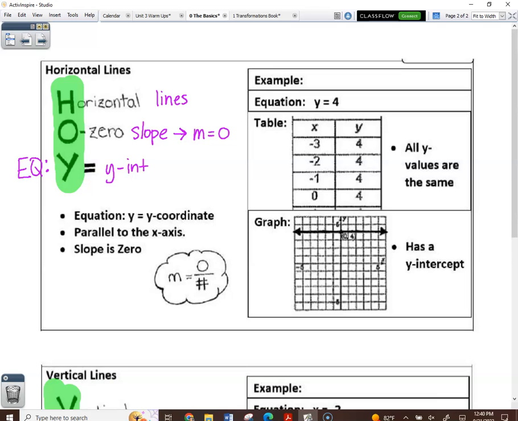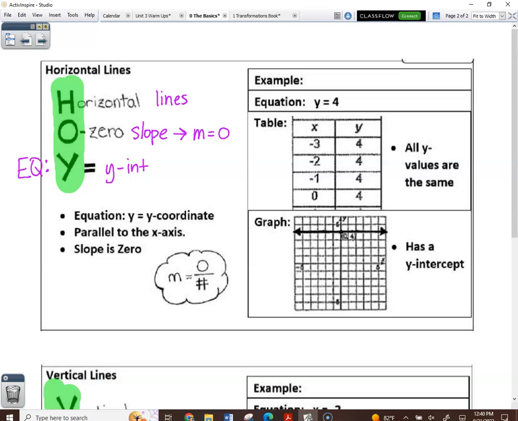If you look, here are some examples. When the slope is 0, please reference, y'all, this poster is here all the time. And a lot of people never look at it because they, I guess, don't know how to read it. But this is saying to you, it is okay for 0 to be in the top of a fraction. That's okay.